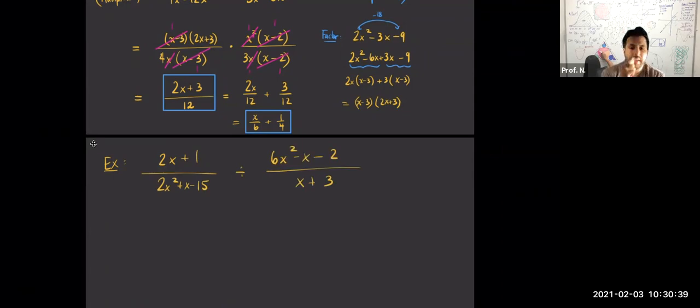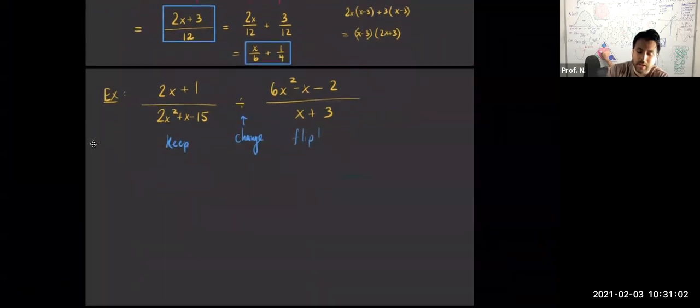So what happens when we divide fractions again? What's that step that we need to apply before we do anything? Flip, but we keep this, right? We keep, we change, and we flip.